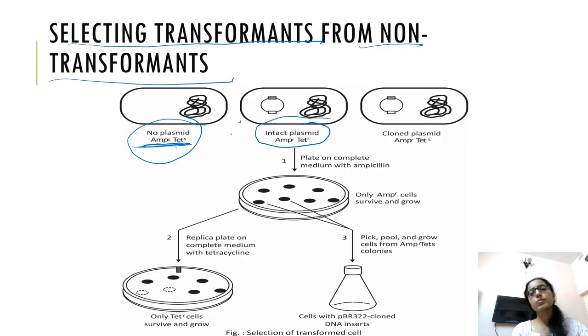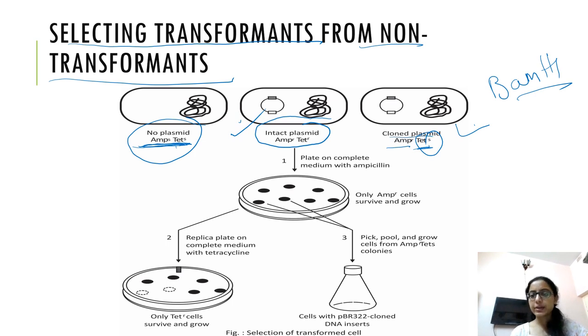It will be as good as the original bacterial cell. This is cloned. That means it will be ampicillin resistant but tetracycline sensitive, because we have removed this BamHI which was responsible for tetracycline resistance. But when it is successfully transferred, we have inactivated this BamHI, and that is why they are converted into tetracycline sensitive.